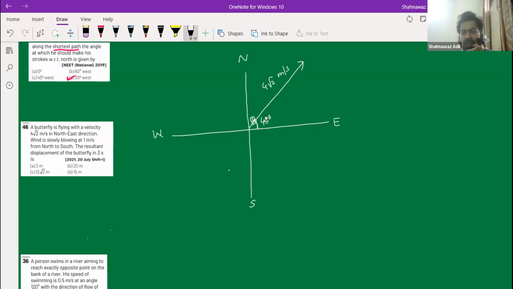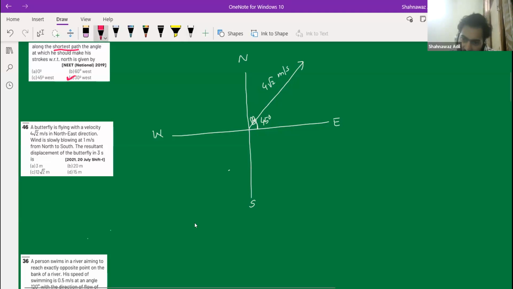So this is the velocity, right? And the wind is blowing from north to south.